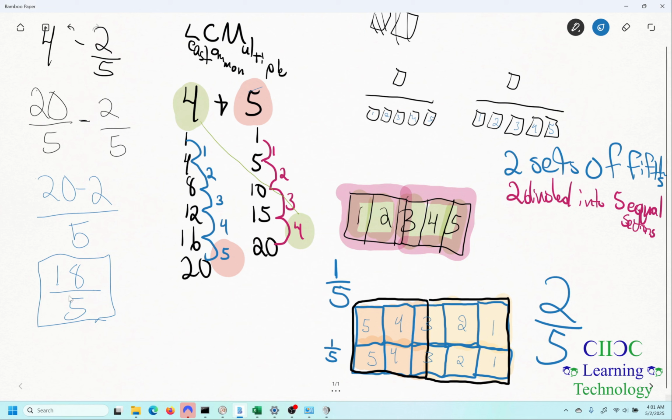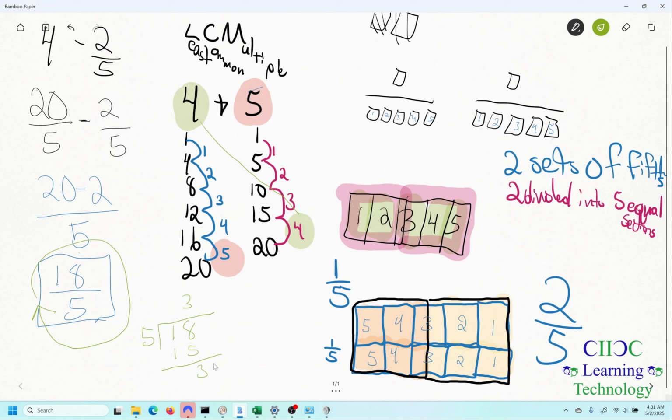So 5 would go into 18 three times. 15. 3 left over.